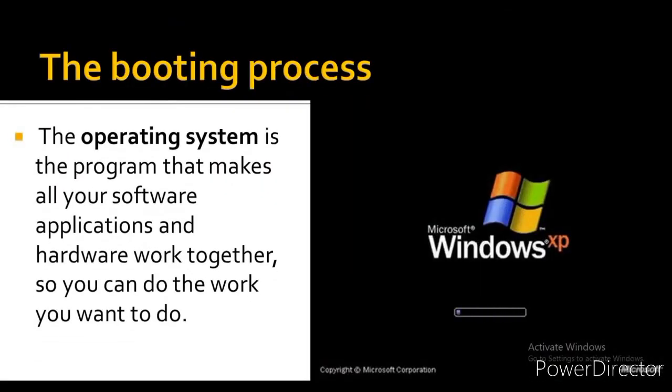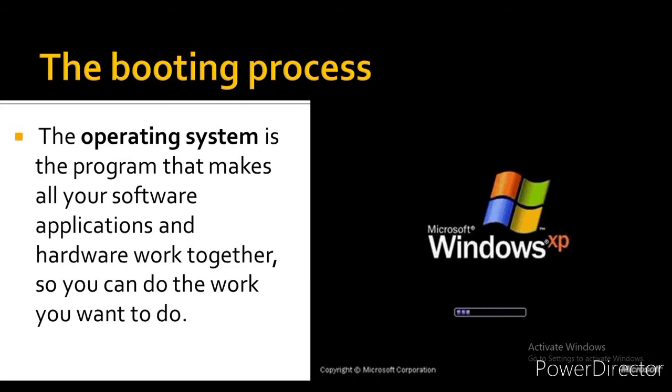The operating system is the program that makes all your software applications and your hardware applications work together. Now, when we say software application and hardware application, when putting on the computer, those hardware that you have in your computer, like your keyboard, like your mouse, and those software that are placed inside your computer, your applications, the operating system is what triggers them to activate.